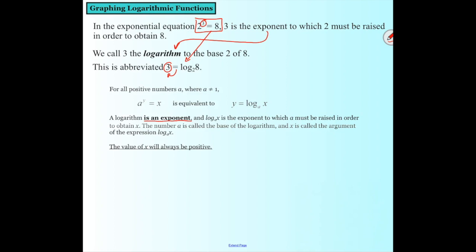So let's just read through the definition here. A log is an exponent, and log base a of x is the exponent to which a must be raised in order to obtain x. So the number a is called the base, x is called the argument, and that's important when we're graphing, of the expression log base a of x. We're always going to deal with x, or your "of" part, that's always positive.